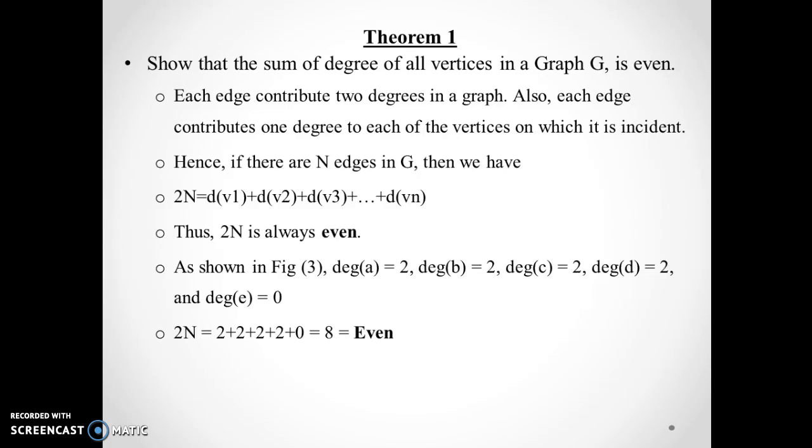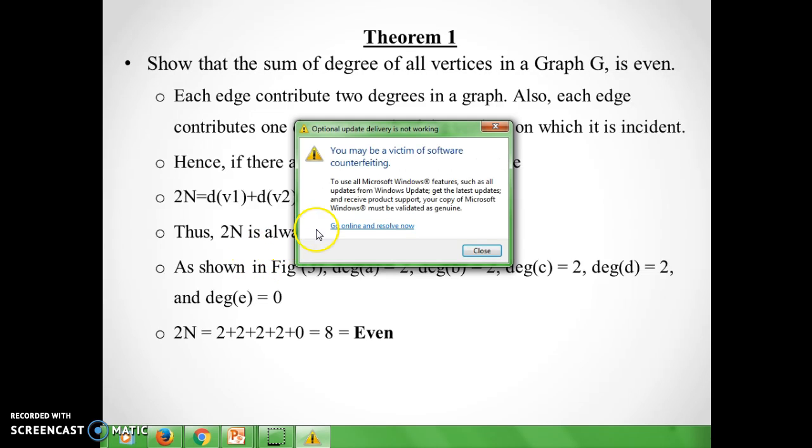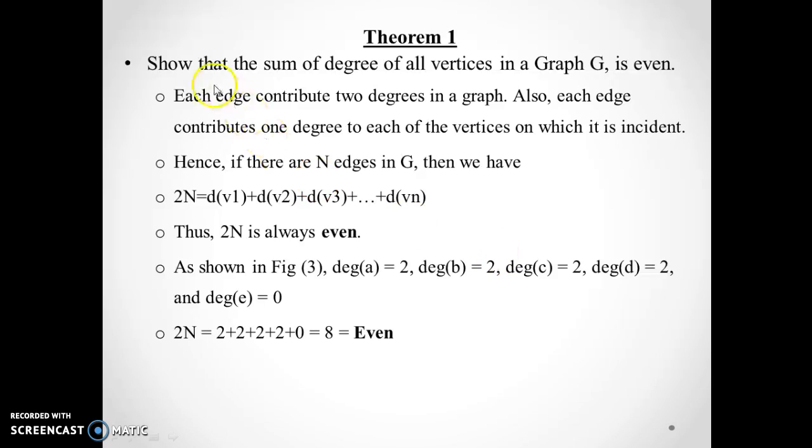Now we will see one theorem based on the degree of vertices. Show that the sum of degrees of all vertices in a graph G is even. So the first step is that each edge contributes 2 degrees in a graph. Also, each edge contributes 1 degree to each of the vertices on which it is incident.